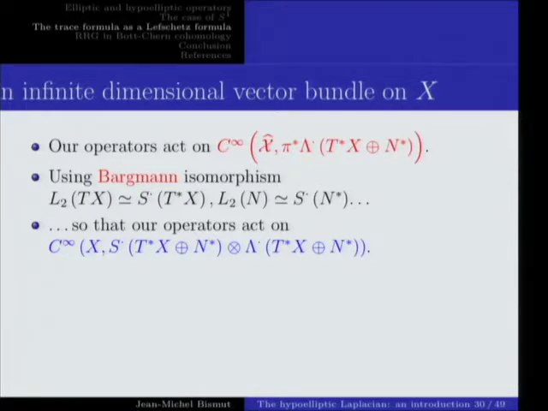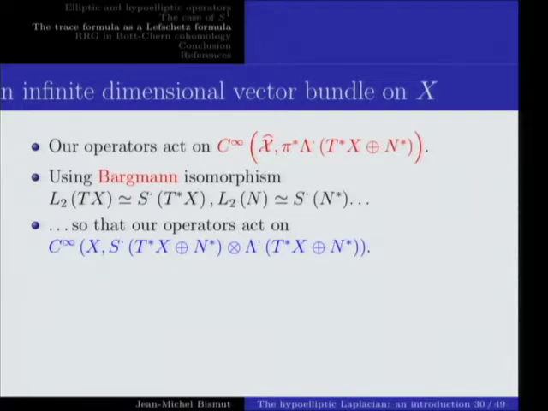So that actually, instead of viewing the operators acting on a big space, you can instead view them as acting on an infinite dimensional vector bundle now, on the symmetric space X, which is a tensor product of the symmetric algebra and the exterior algebra.